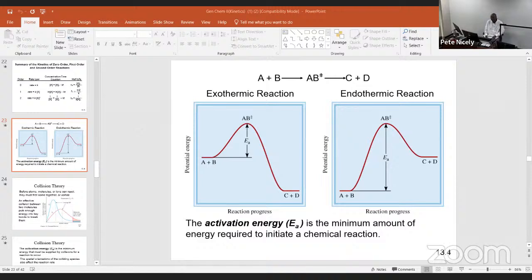Basically, you're going to need this equation right here, right? And what the question is asking for is the units of K. Now, my question to you is, what would be the units of concentration squared? Anybody?